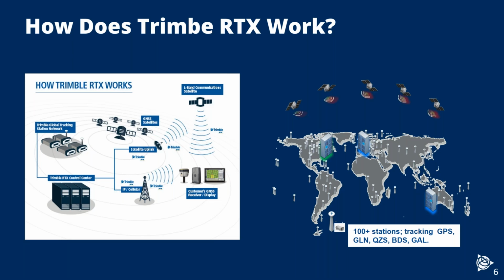The corrections are then relayed to customers using different methods, such as IP or cellular broadcasts, which you may be familiar with. But more popularly, the corrections are also broadcast via satellite directly onto the onboard receiver. That means that users don't need to have any internet or cellular setup. They can receive the corrections simply by turning on their system.